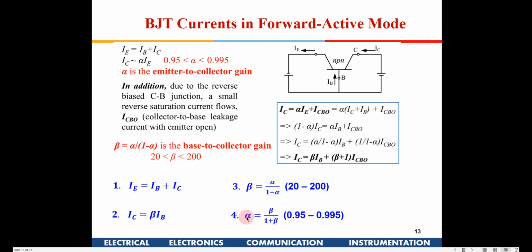Similarly alpha is beta divided by 1 plus beta, from IC equal to alpha IE. So alpha can be computed by beta divided by 1 plus beta, and the range is usually 0.95 to 0.995. So these are some of the equations which we need to remember.